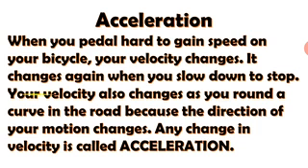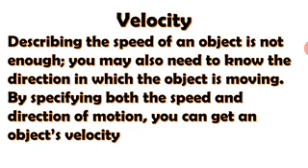So next is velocity. Describing the speed of an object is not enough. You may also need to know the direction in which the object is moving. By specifying both the speed and direction of motion, you can get the object's velocity. For example, 4.5 meters per second to the north or 2.0 kilometers per hour towards the highway.